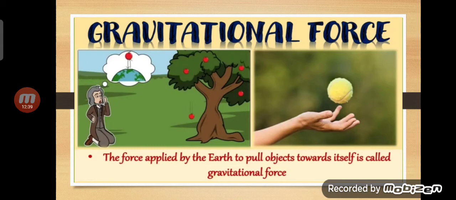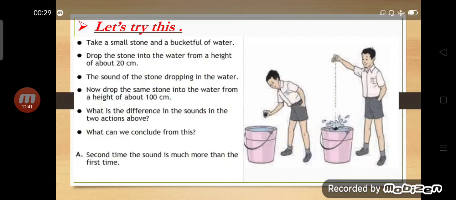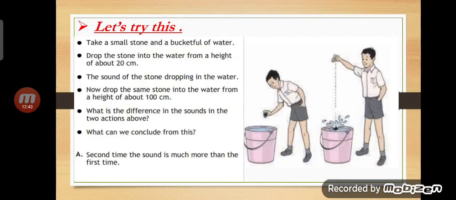Let's try this activity, children. Take a small stone and a bucket full of water. Drop the stone into the water from a height of about 20 centimeters. Notice the sound of the stone dropping in the water, and now drop the same stone into the water from a height of about 100 centimeters.